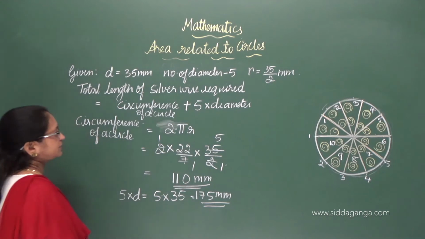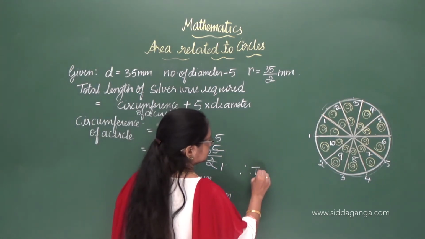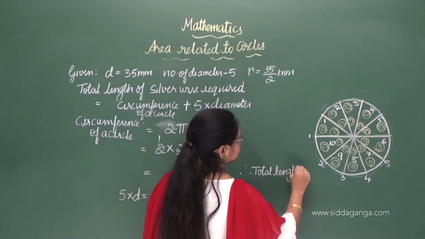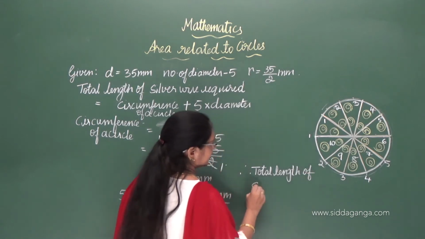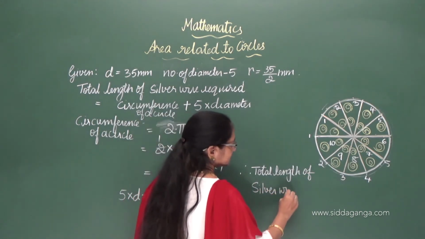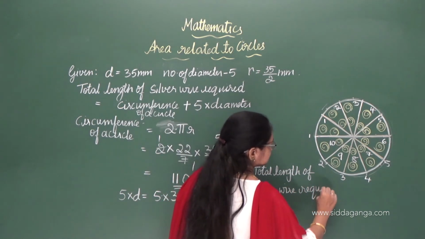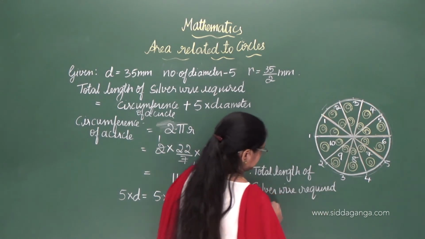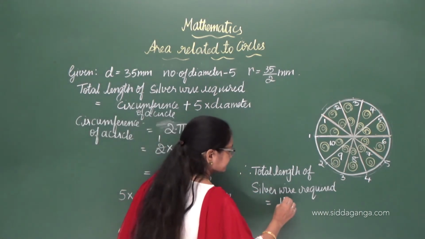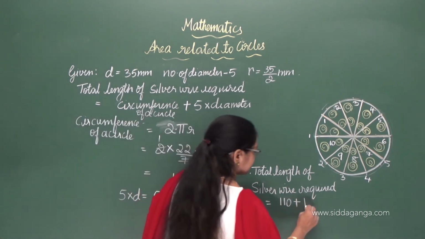Okay. Now, therefore, the final answer here: the total length of silver wire required, I am writing the conclusion. How much is it? 110 plus 175.